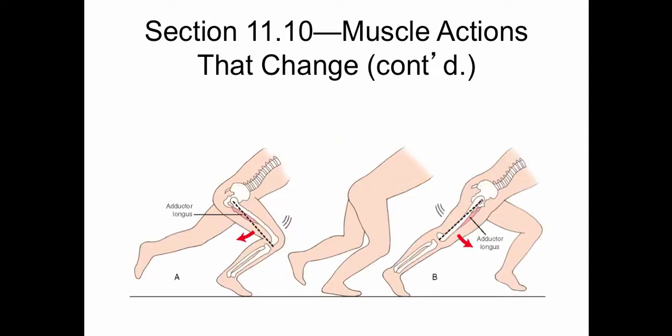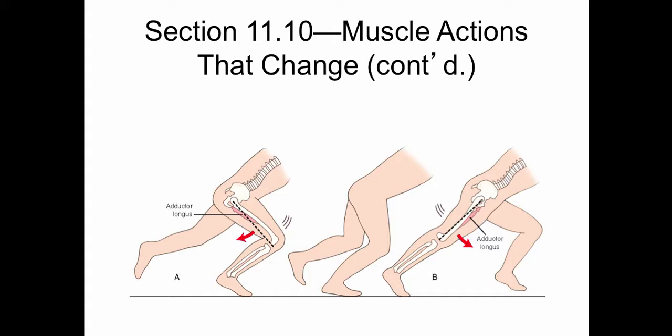Another example of a muscle that exhibits this phenomenon is the adductor longus. The adductor longus is considered to be a flexor in addition to being an adductor of the thigh at the hip joint because it passes anteriorly to the hip joint with a vertical direction to its fibers.